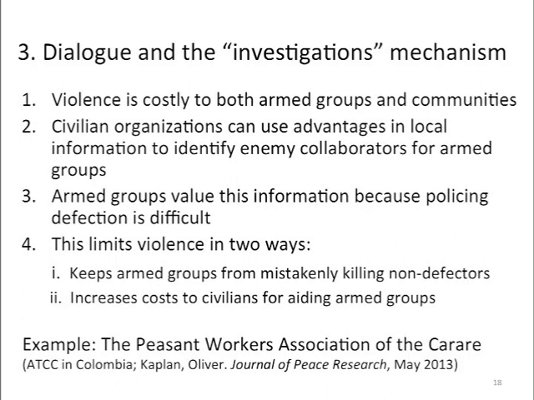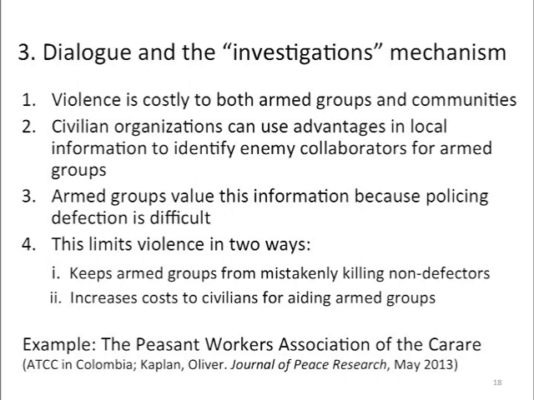First of all, you have to assume that violence is costly, both to armed groups and to communities. Armed groups might suffer some kind of reputation effects or have some other reasons that they don't want to use violence. We can discuss those later. Second, civilian organizations often have advantages in local information over the armed groups, so they're better able to identify who is collaborating with armed groups and who's not, and especially who's collaborating with an enemy of one of the armed groups.